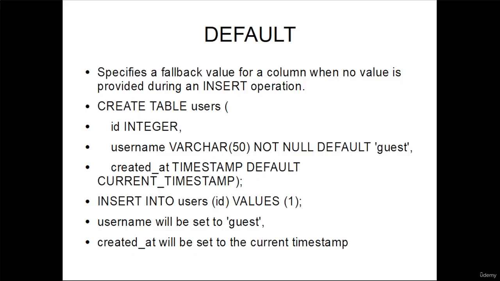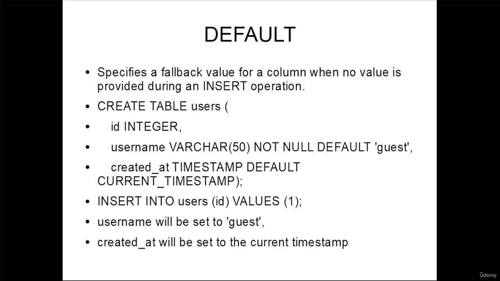Always consult your database's documentation for specifics, as features like current_timestamp may not be universally supported. If a column is not null and lacks a default value, an insert without a value for that column will trigger an error.